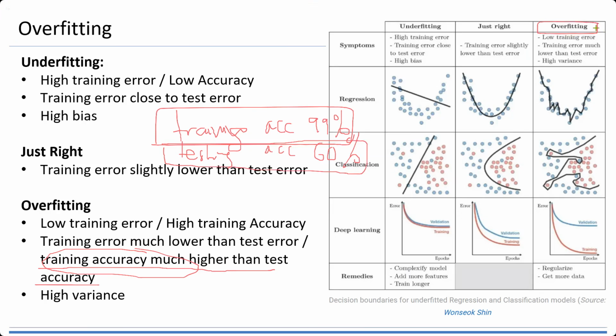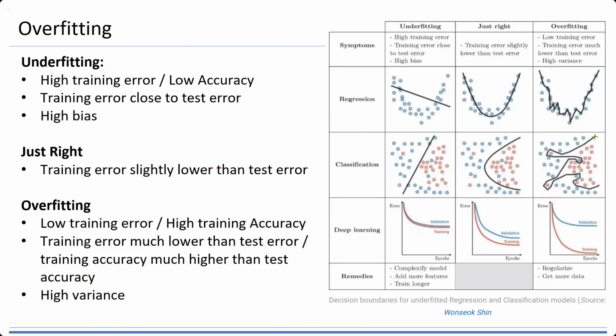Why do we need to consider overfitting? Because if you look at this problem, the model is very good. The model can distinguish the blue and the red. So the model is very unique in this case. The model follows the instances very closely, so the accuracy is very high.